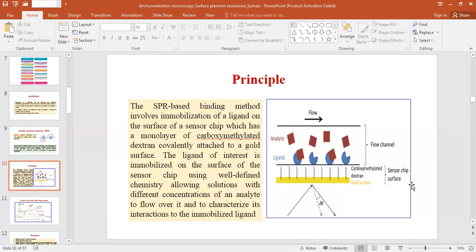It will be characterized by the interaction between the ligand immobilized over the sensor chip surface and the analyte. So how it is interacting, we can detect the interaction between the two, ligand and analyte, using this particular instrument or experiment.